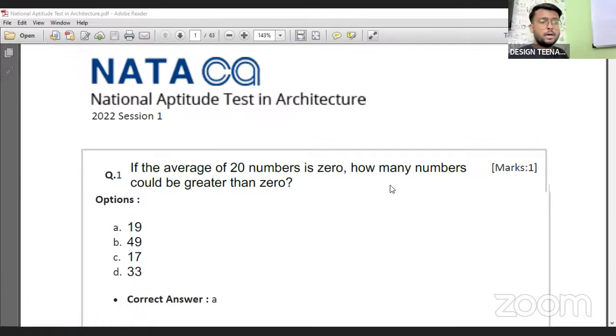By the end, once we are off the screen and come on camera or towards the board, we will be able to see what distinctions or different segregation of mark sectors there are, or how the paper pattern has differed, if at all. So I'll draw a line over here in the center, and let's go ahead with the discussion. Okay, so for us, the first thing is the NATA 2022 paper.